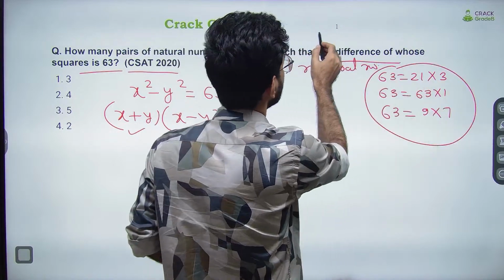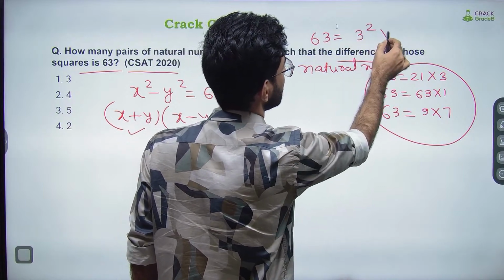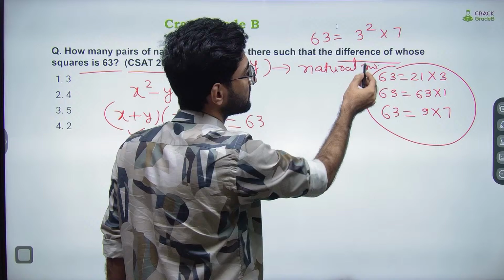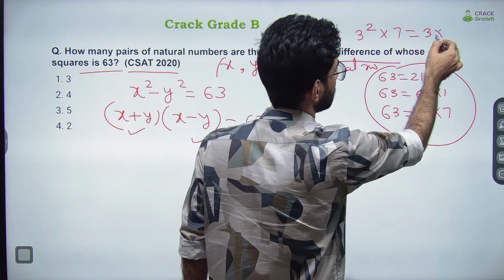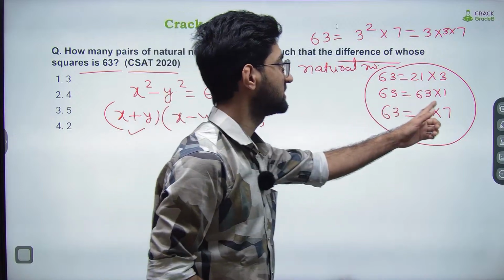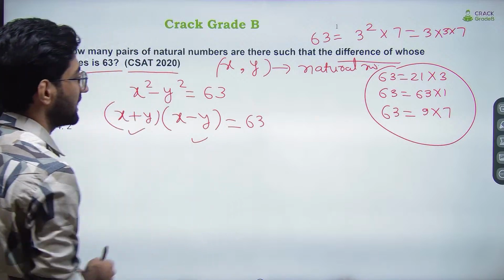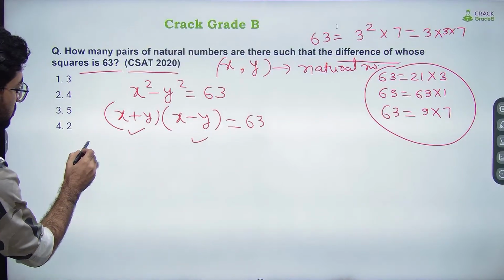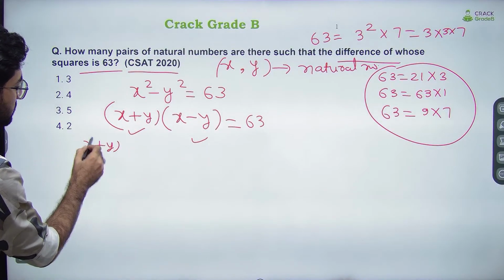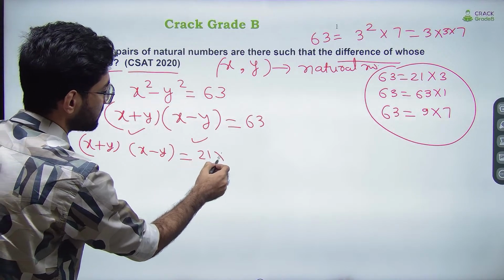See, if you do prime factorization of 63, you will write it as 3 square into 7. So from there you will be able to think that you can write 63 as 21 into 3, 63 into 1, 9 into 7. Now can you write it as x plus y into x minus y equal to 21 into 3?